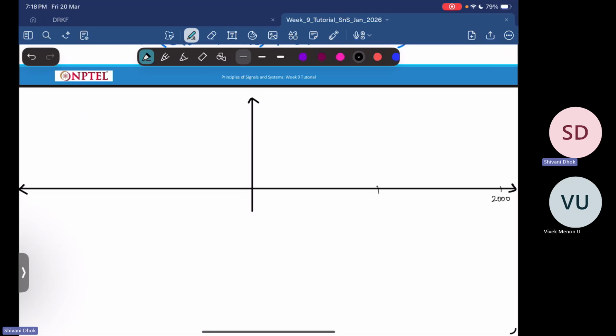So we have 1000 here, minus 1000, minus 2000 pi.